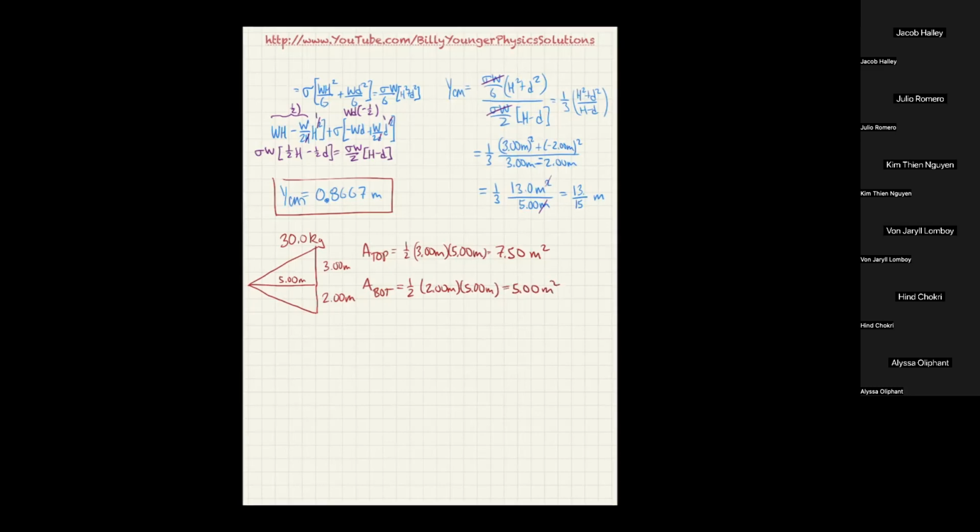So the reason why I'm doing this is I know that the area of the top divided by the total area should be equal to the mass of the top divided by the total mass. And the area of the bottom divided by the total area should equal the mass of the bottom over the total mass.